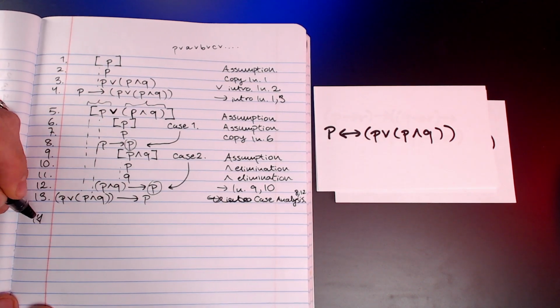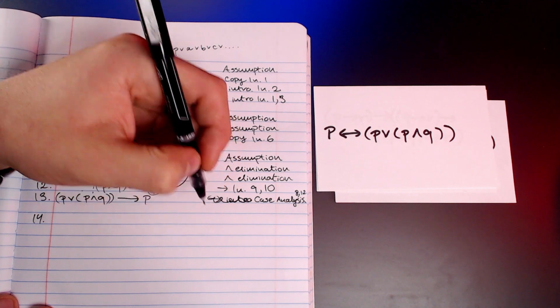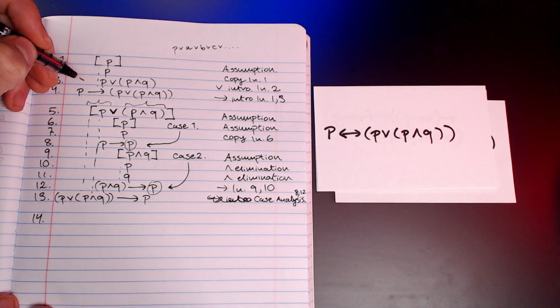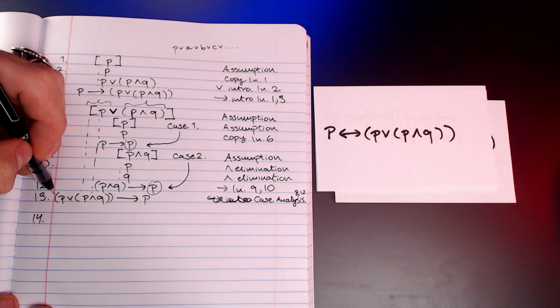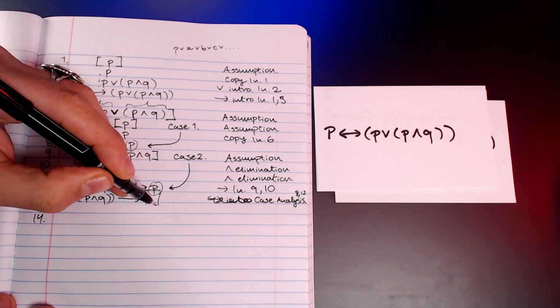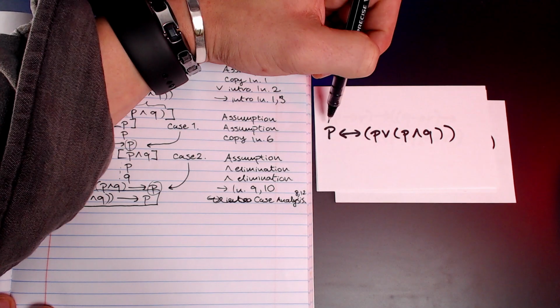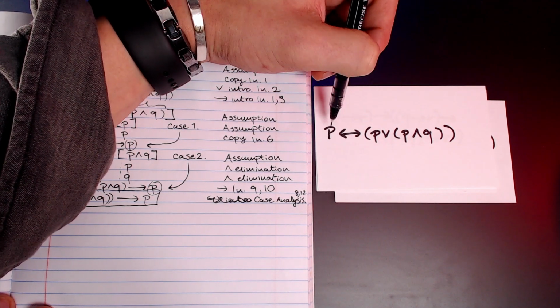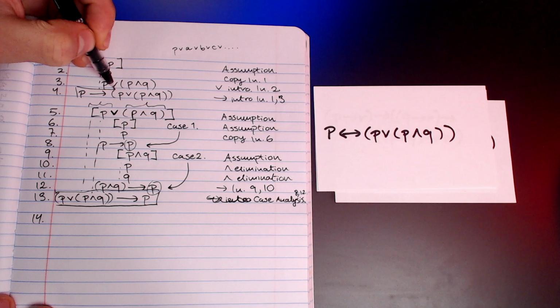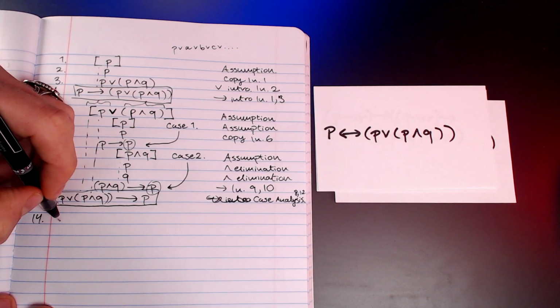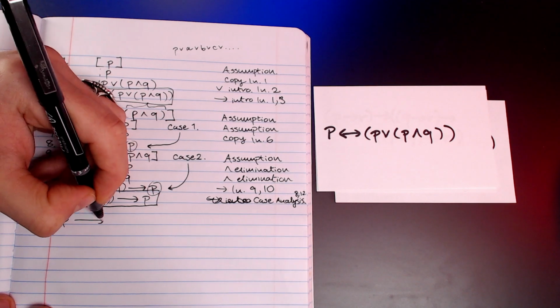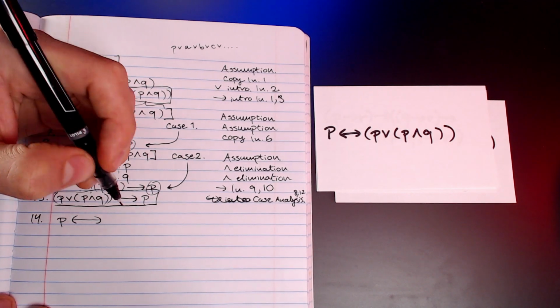So for our final step, we're going to do the biconditional now because we've reached the two big ones that we want. We reached this statement going this way and the statement from before going that way. So finally we have proved that this is a tautology, meaning it's always true.